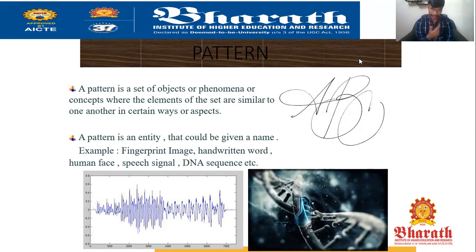With the human face, each individual has their own unique face structure, which acts as a set of objects to be constructed as a pattern. And the speech signal, like a DNA sequence, which is a genetic process, can identify the individual without any error. This is known as a pattern.